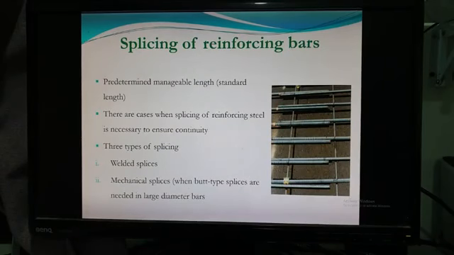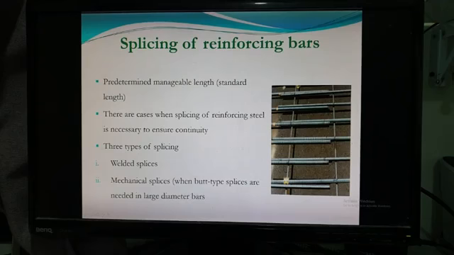Okay, splicing, meaning how do you join the reinforcement? Obviously, the reinforcement bar will come at a certain length. So if you need to elongate the length of your reinforcement bars, you need to join them, known as splicing.